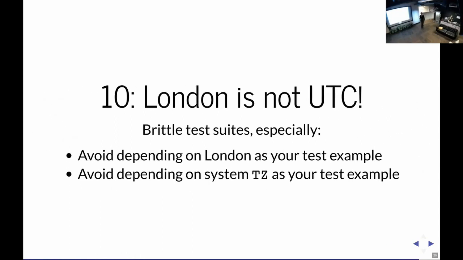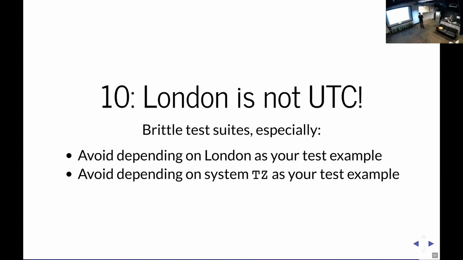And finally, London, even though the offset is commonly 0, it is not UTC. So this is something that happens a lot, where people will see the time 00 and they will assume that it is UTC, when in fact the offset will change between winter and summer time.